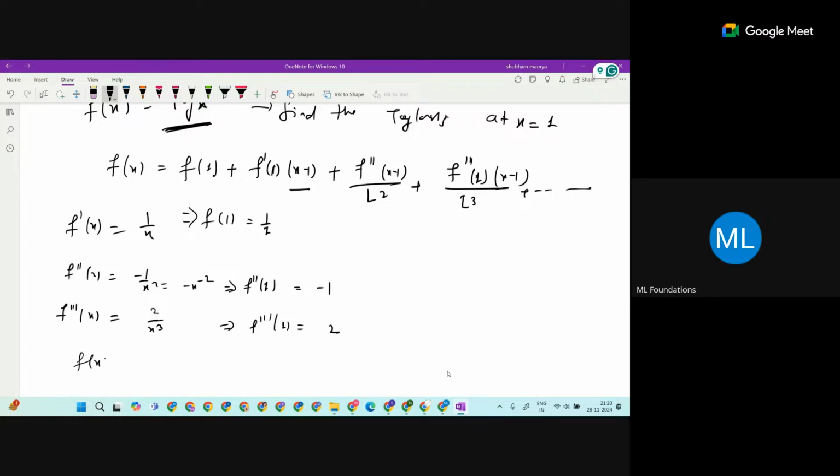Then f(x) is going to be the function value. The function value at 1 is going to be 0, since log 1 is 0.